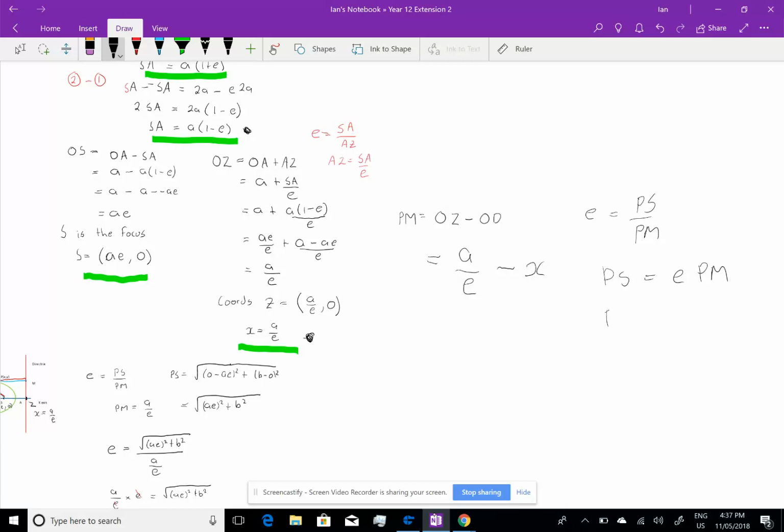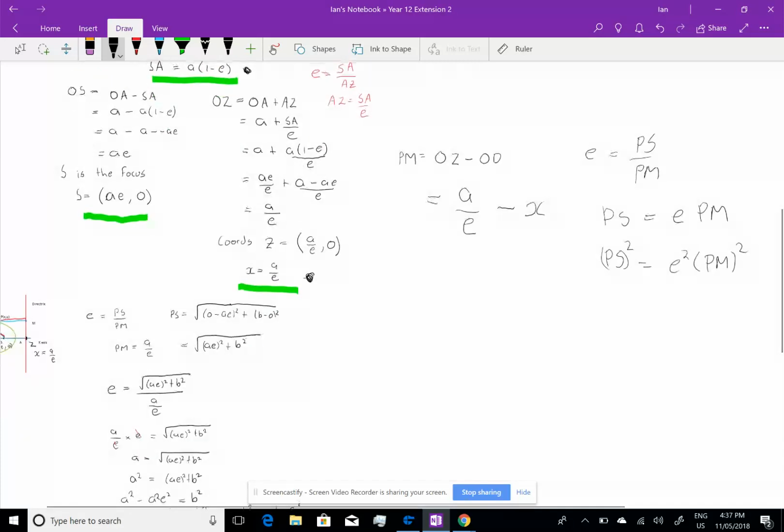And PS squared, the whole thing, equals E squared PM squared. Righto. So now we're going to use the distance formula. And this is going to give us our Cartesian equation.